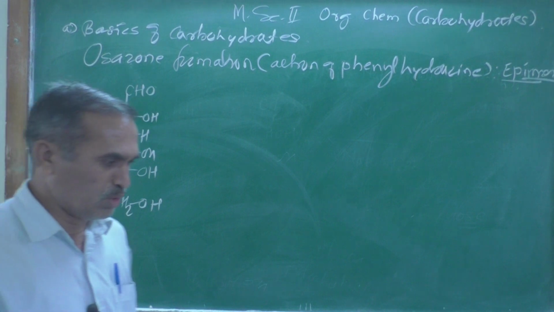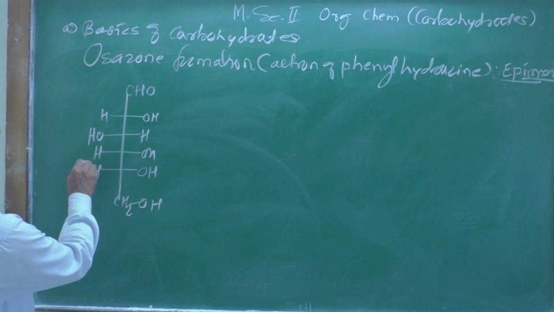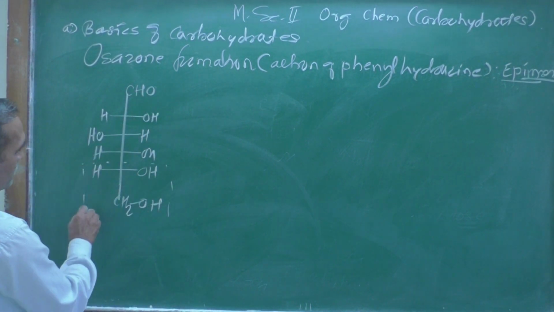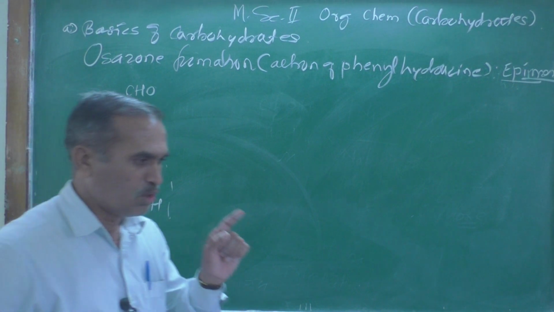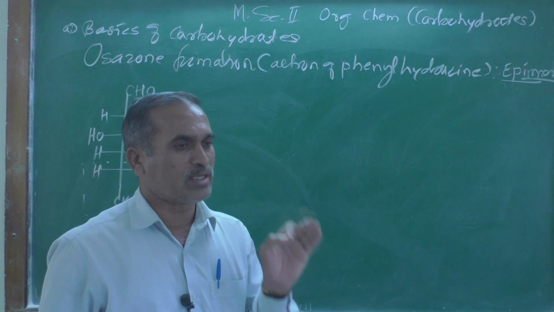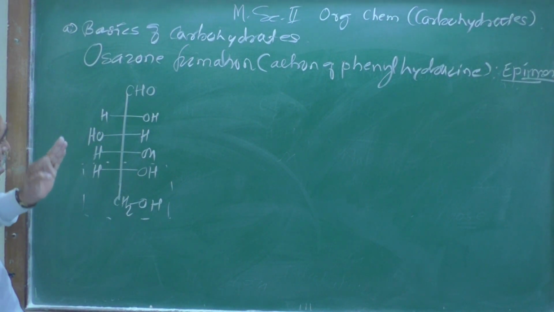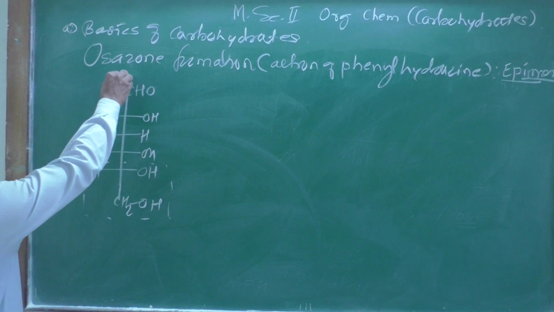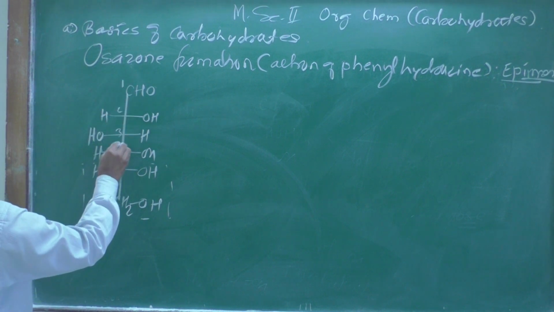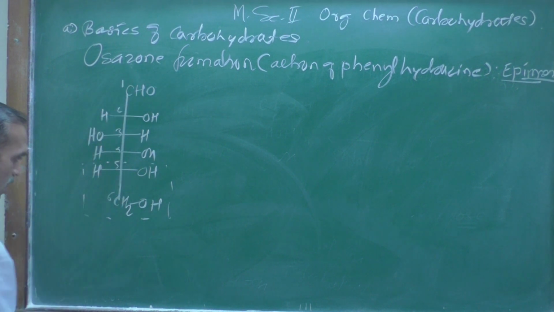And if you look here, this is the lowest chiral carbon atom in the glucose molecule. If you see over here, 1, 2, 3, 4, 5 and 6 are there, right?